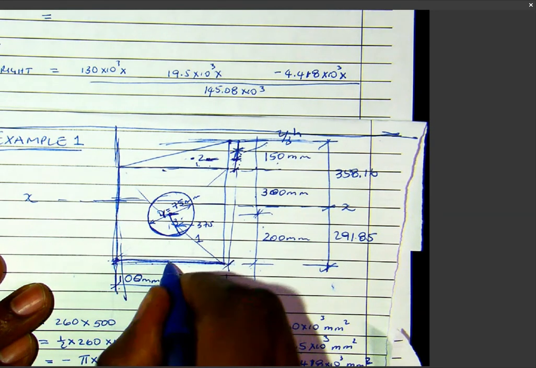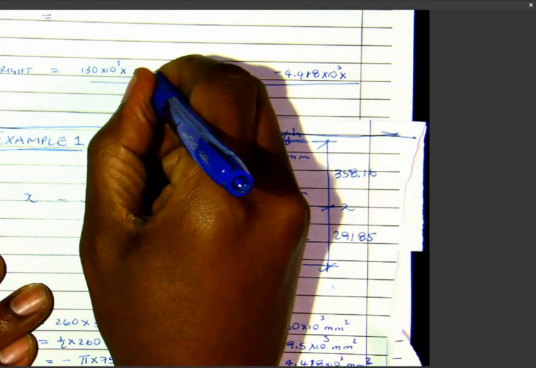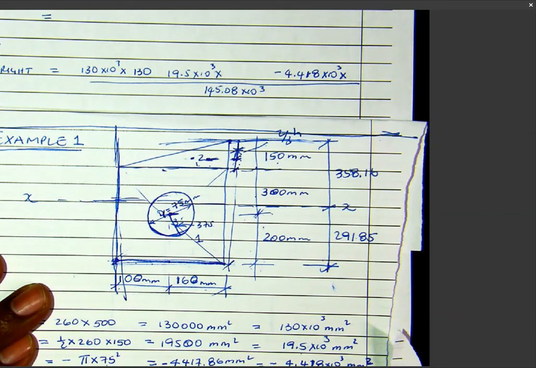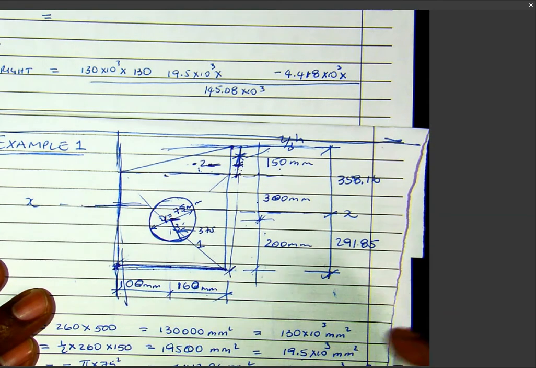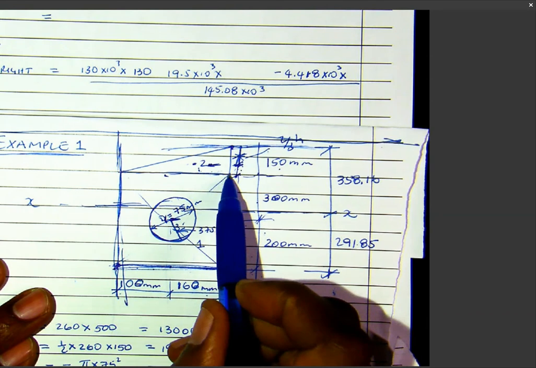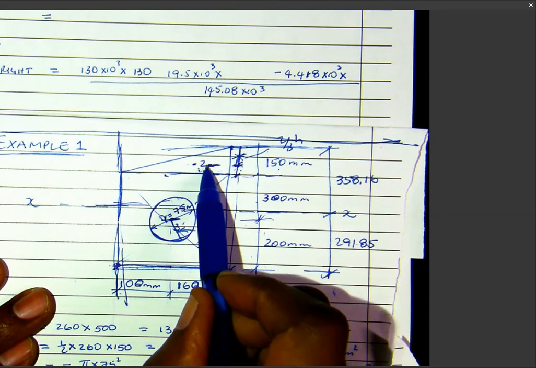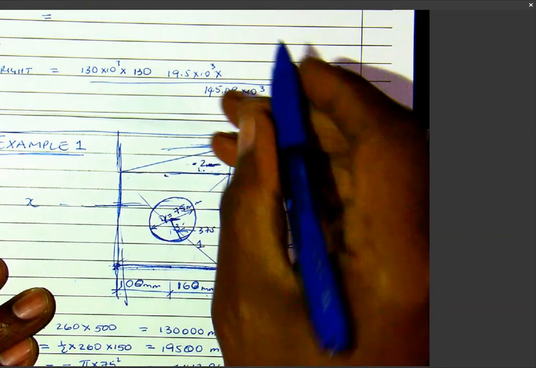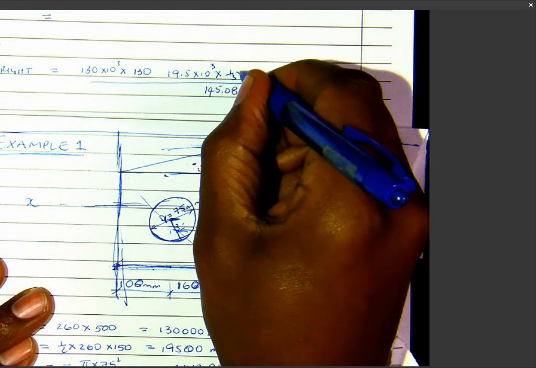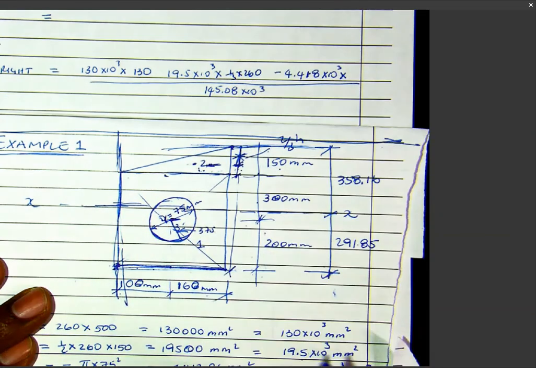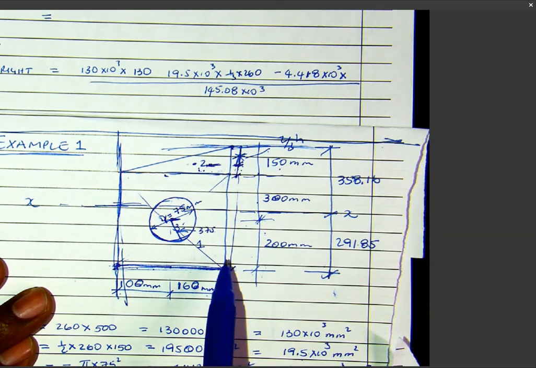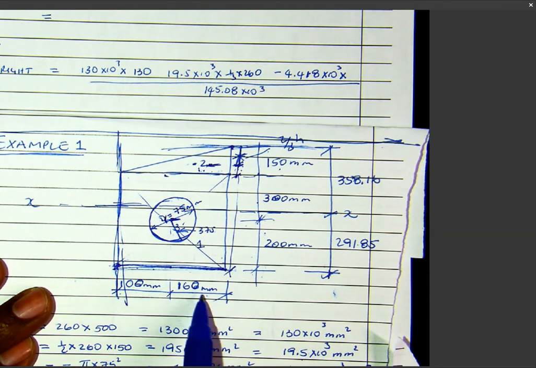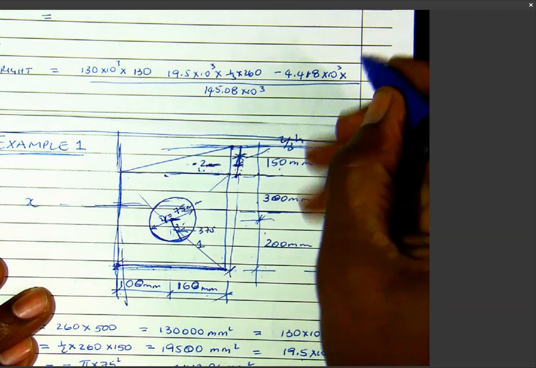From there to the center is 130. I'm just filling in the gaps now. Then I come to this one. The distance from the right to the center of this area is 1/3 of 260. It's 1/3 times 260. The distance from the right to the center of this area is given there as 160.